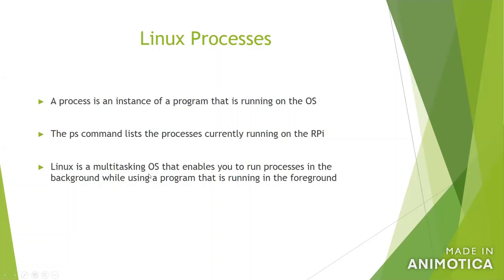And Linux is a multitasking operating system, like I said, that enables you to run processes in the background while using a program that is running in the foreground. Okay, so how to run a process in background? You can do things like this.